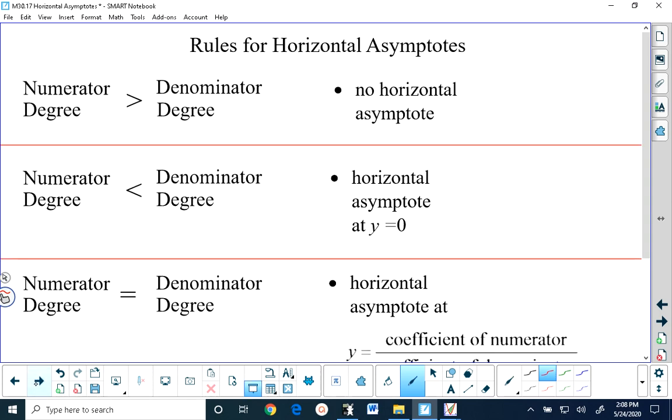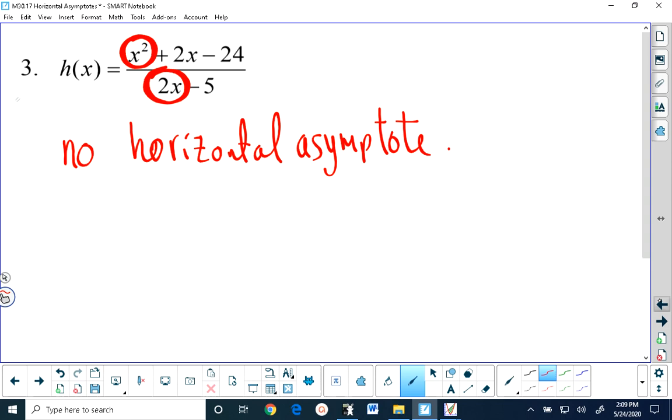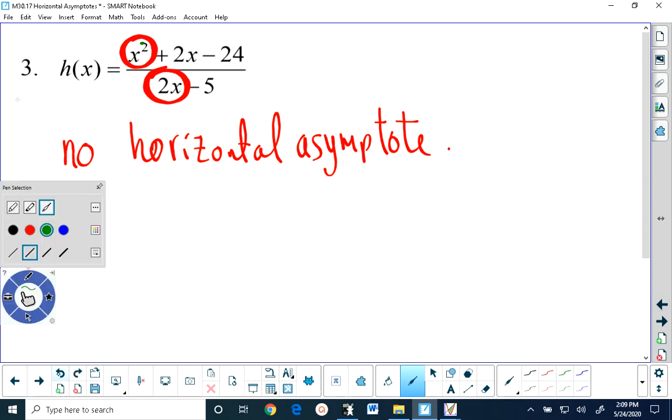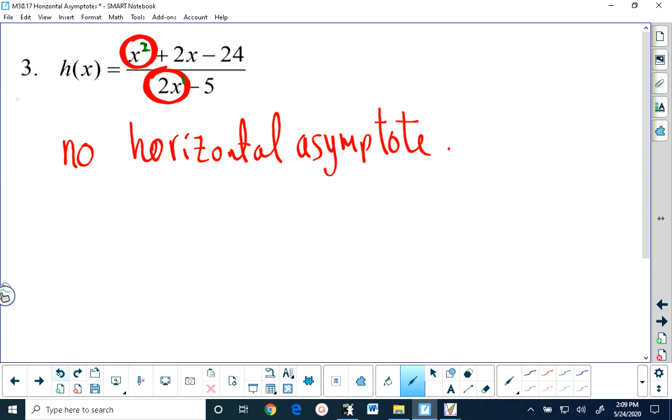If that numerator highest degree is bigger than the denominator highest degree, then you have no horizontal asymptote. In fact, that was the case here. The degree in the numerator is 2, the degree in the denominator is 1. When the degree on the top is bigger than the degree on the bottom, this will always be true.